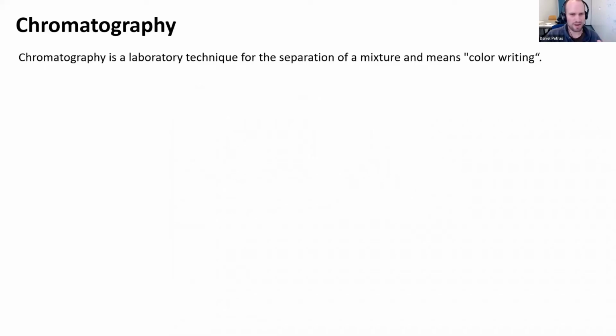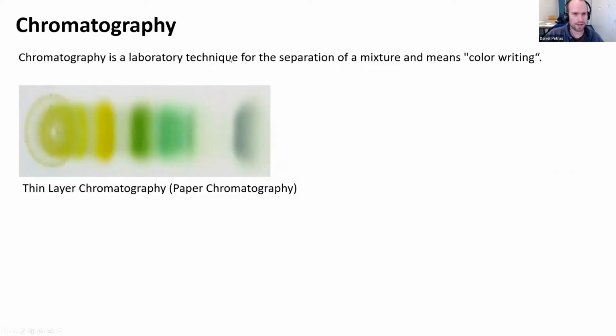And just a little bit about history. So chromatography is a very old, long established analytical method, and it all started with paper chromatography, which you may have seen in one of the practical courses you attended, where you can very nicely separate different pigments in a paper matrix with some solvent as a mobile phase.